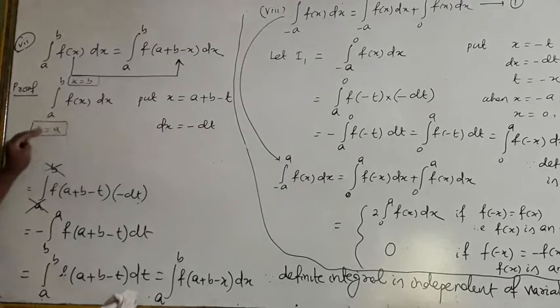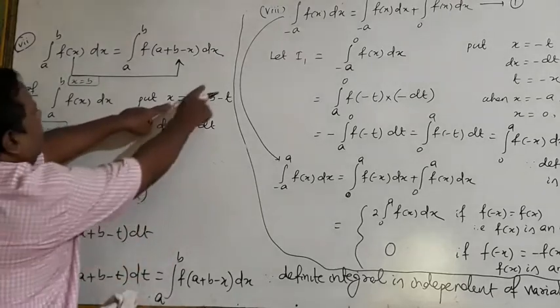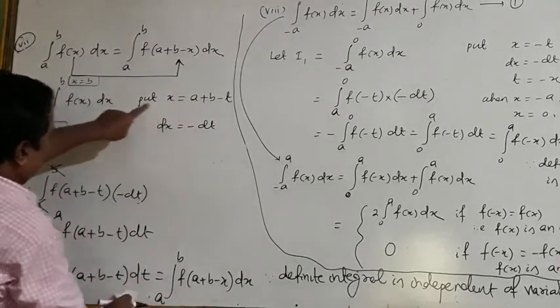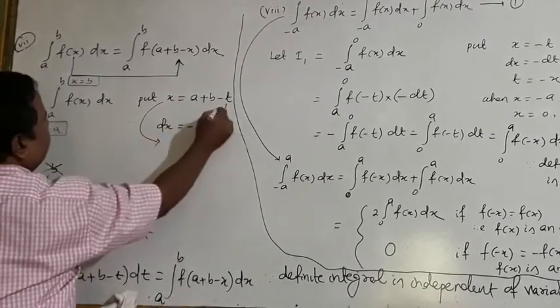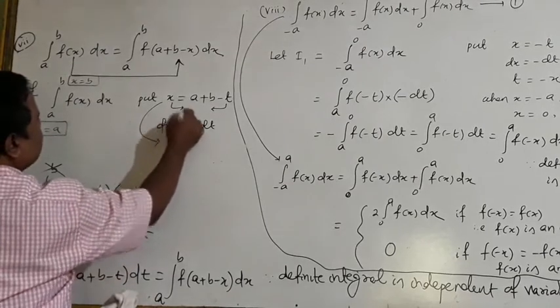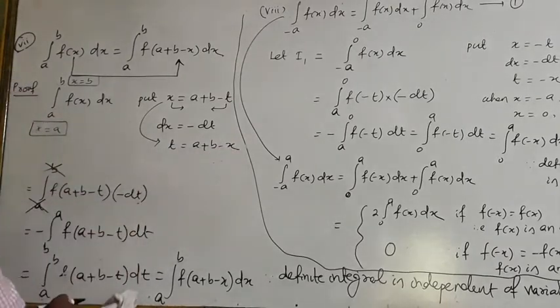Now look at here. When x is a, if we put x as a here, then a will cancel, t will be b. I am writing it in a different way. Take t to the left side, x should go to the right side. It is a plus b minus x.